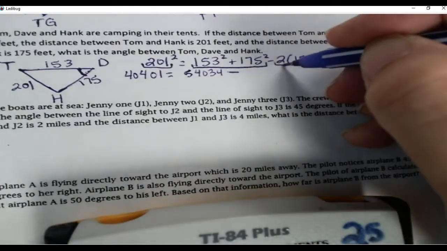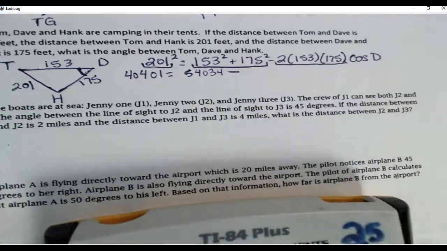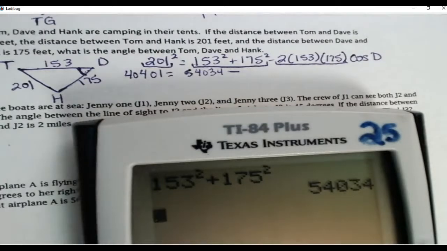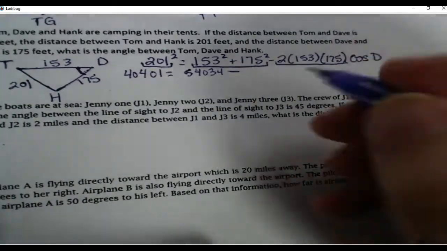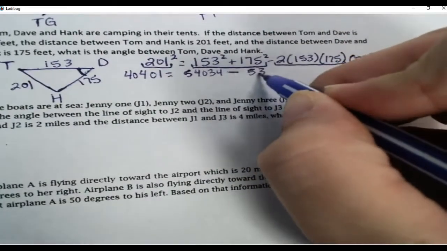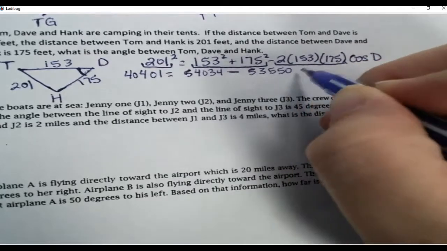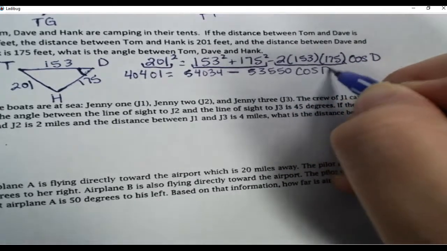Minus, and then I can do the multiplying next. So 2 times 153 times 175. And that gives me 53,550. And then I'm bringing down cosine of D.